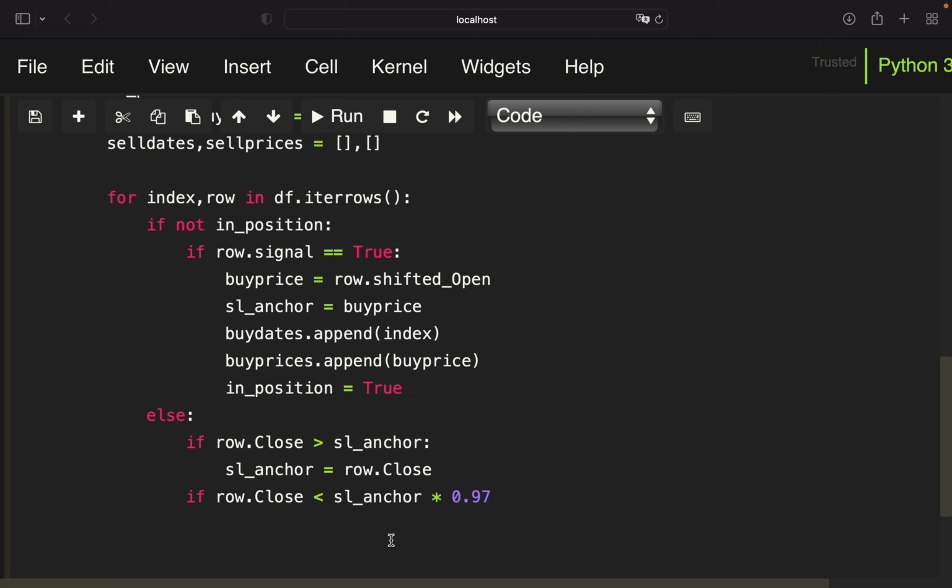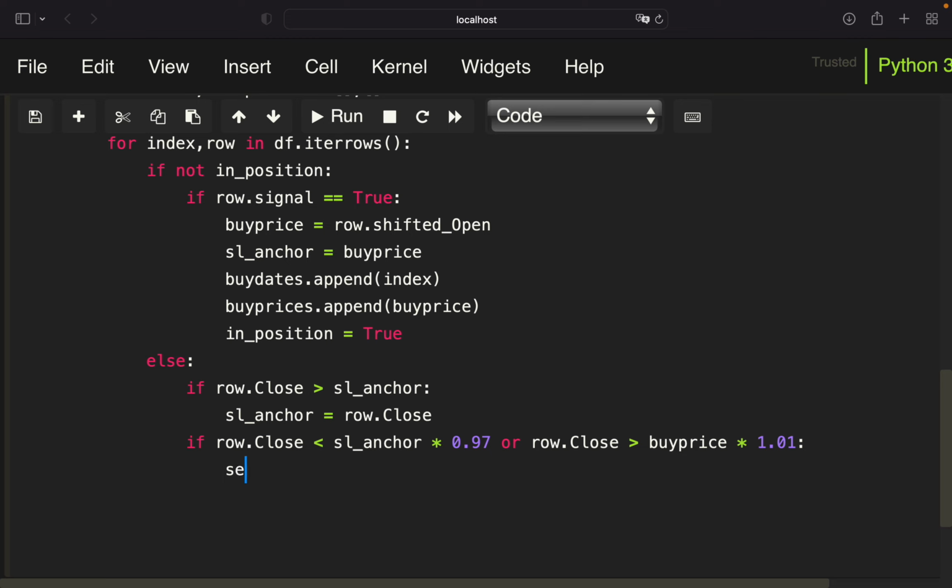This is our stop loss condition: the amended stop loss anchor times 97%. And now my target profit: if my close is larger than my buy price times 1.01, so if I have 1% profit, I want to go out. Again, stop loss, target profit. Sorry for the confusion.